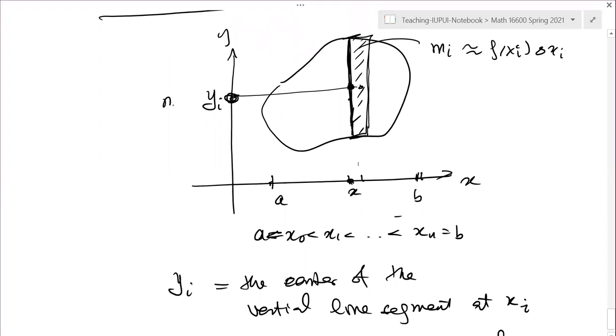This is my mass, mi. If you view from here, you get points here, mi. So you have a bunch of points yi around this line, not necessarily in order. And this mass is about rho xi delta xi.